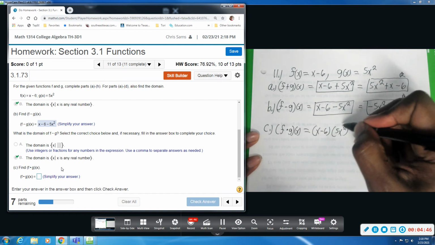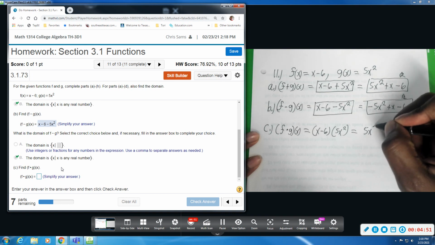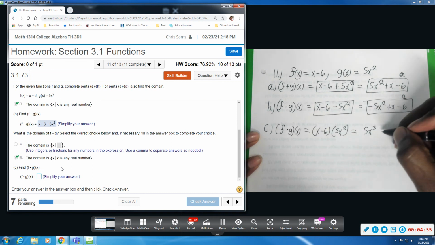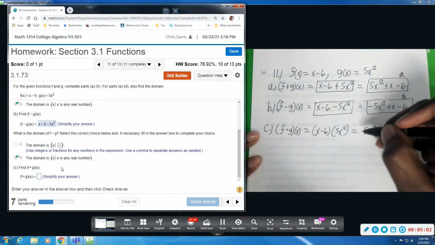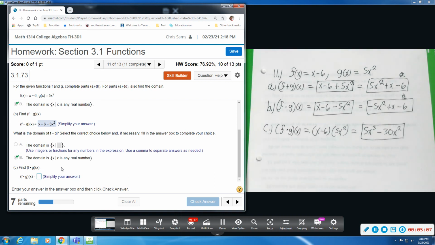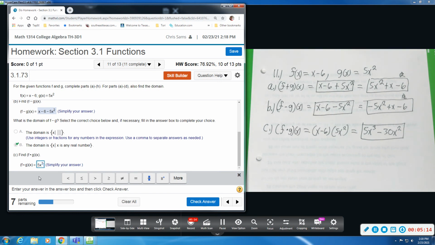So x times 5x squared will give me 5x cubed. And then negative 6 times 5x squared will give me negative 30x squared. And this is all we can do here. So we get 5x cubed minus 30x squared.